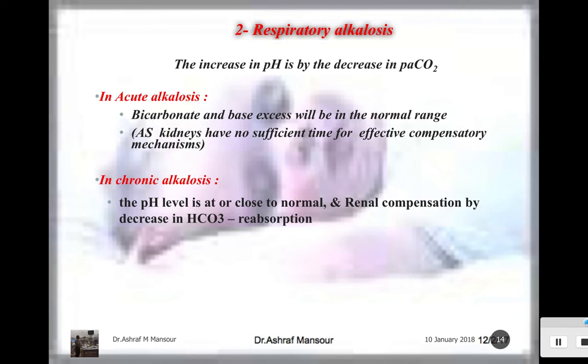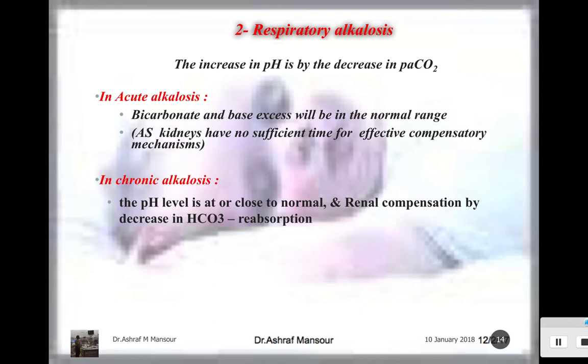There is not enough time for compensation. While in chronic alkalosis, the pH level will be alkalotic, yes, but it is close to normal, and the real compensation by decreased absorption of the bicarb will maintain the compensation effect.